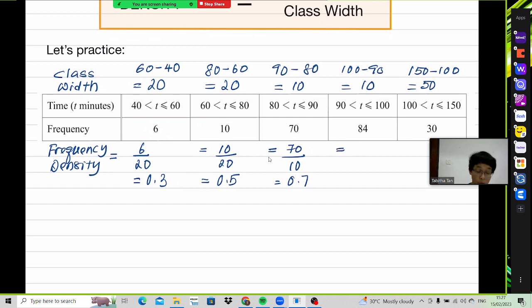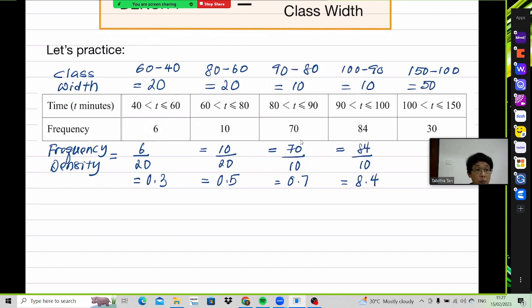Let's move on, more practice. For this, wow, there's a lot of students. Whether they finish their exam or whatever within that time frame, between 90 to 100, 84 of them. Let's work out their frequency density. So it is 84 divided by 10, and that is comfortably 8.4 unit of frequency density.